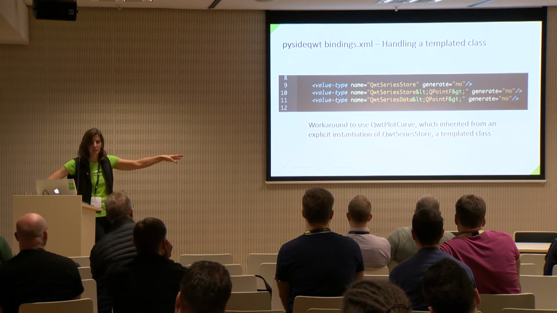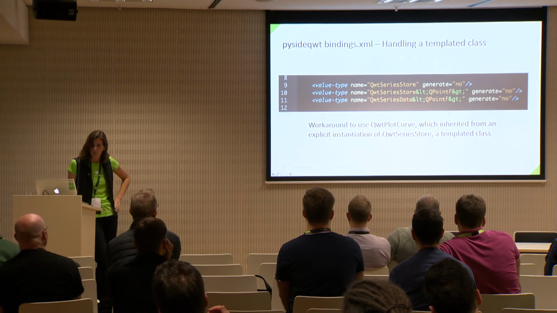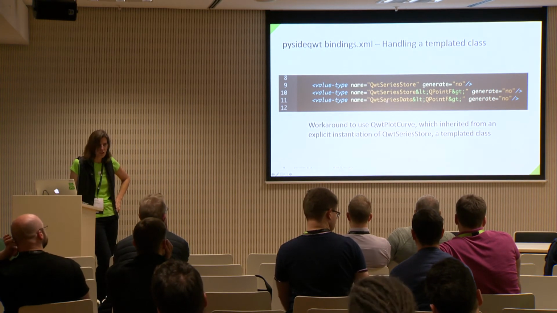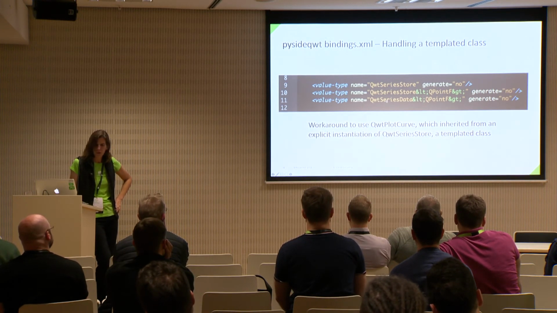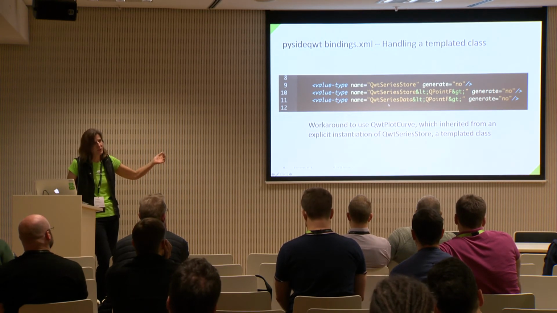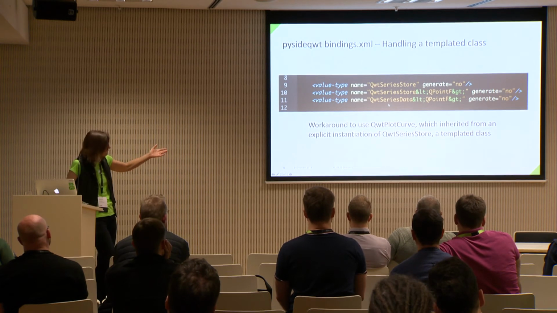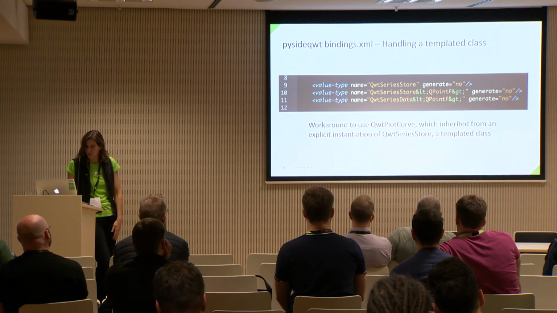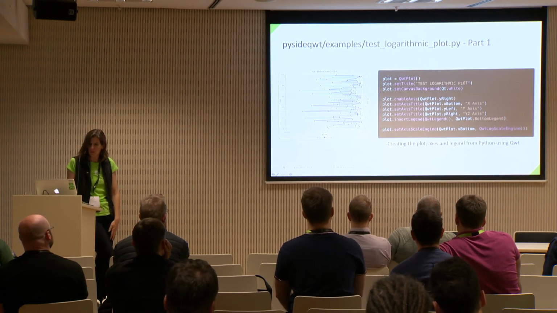This held us up a little bit until we explicitly said, do not generate the bindings for QwtSeriesStore data here. And this allowed us to create bindings for QwtPlotCurve, which we used in our script here.